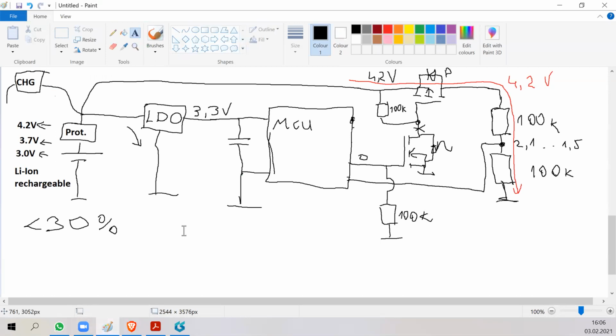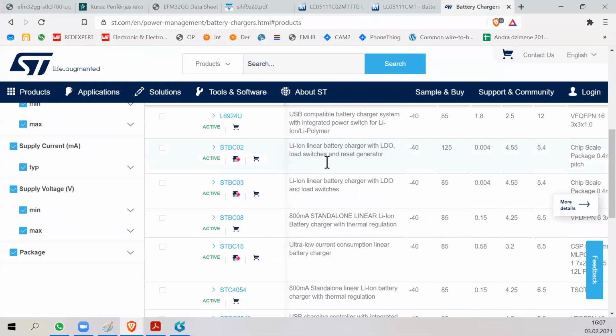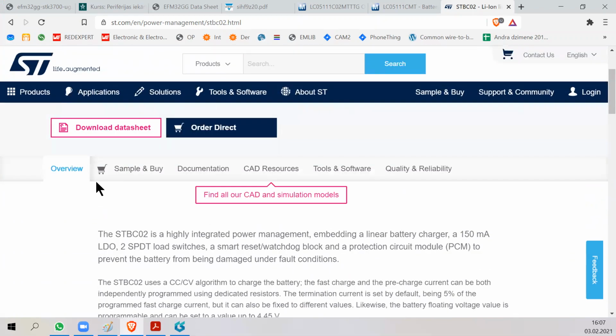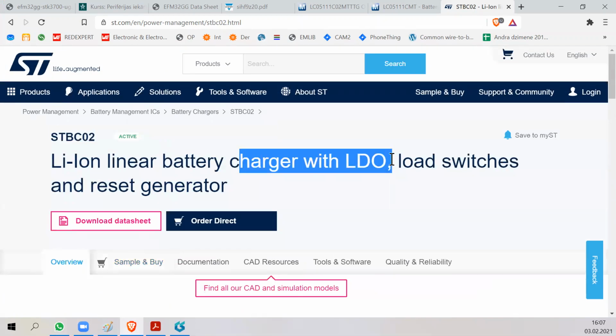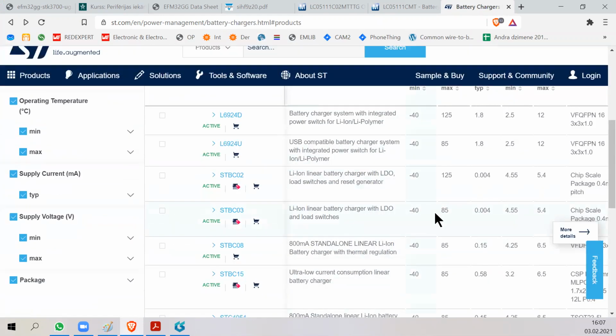But for very small applications under 200 milliamps, they actually have a chip. Where is it? STBC02, I think. This is one chip that contains a charger, a low dropout power supply, and also protection.